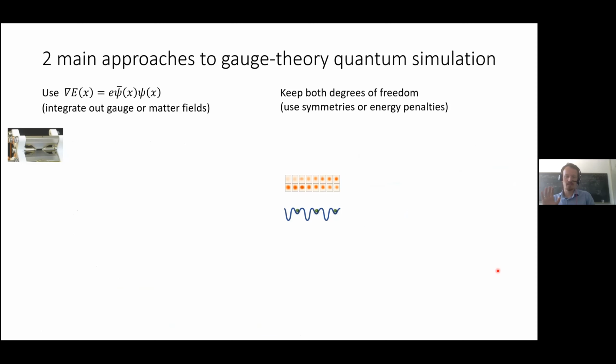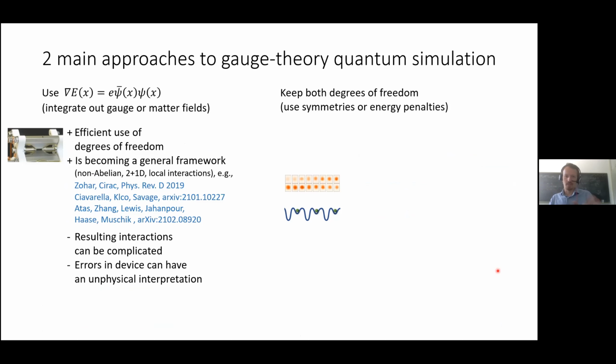Okay, so there are these two approaches, and just to give a taste of their advantages and disadvantages, I think actually both are very interesting. This one of integrating out uses very efficiently the degrees of freedom that one has, because it doesn't put additional degrees of freedom to then restrict the configurations that one allows. And it has in the last years been very much developed into a general framework.